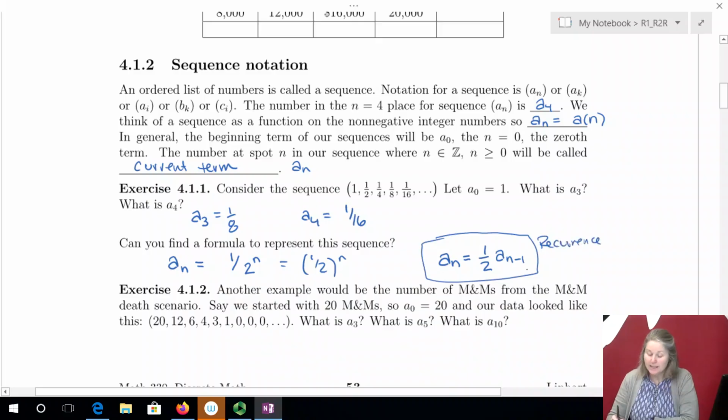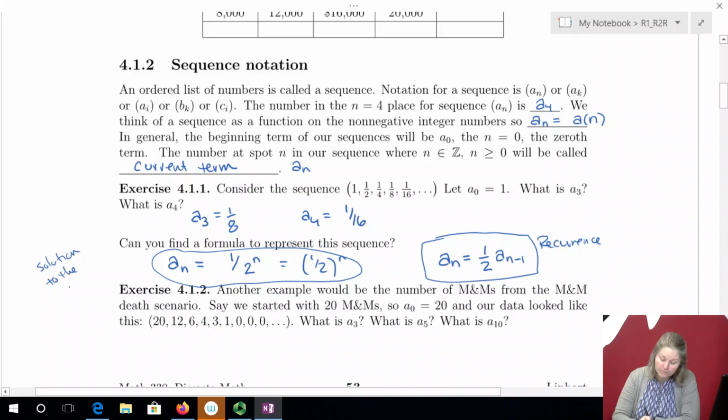We give a n in terms of the prior term. This formula right here we would regard as a solution to the recurrence. But both of these formulas represent the sequence.